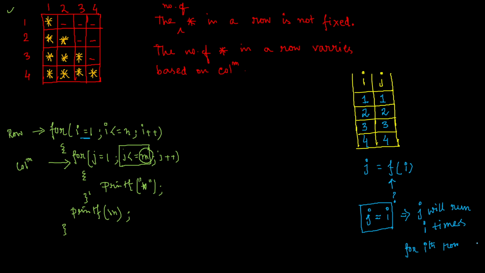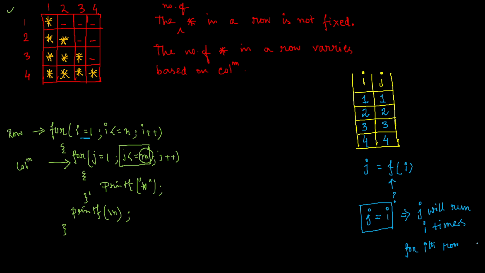That means now if I tell you to write a for loop of j which will run i times, what will you do? You will write a for loop: for j equal to 1, j less than or equal to i, j plus plus. Now what is the value of i? That is not important for the loop of j.